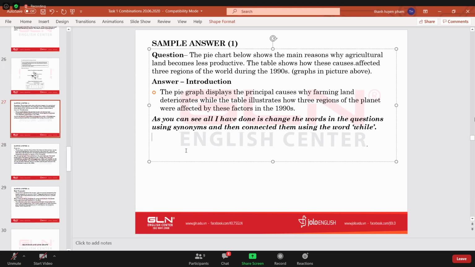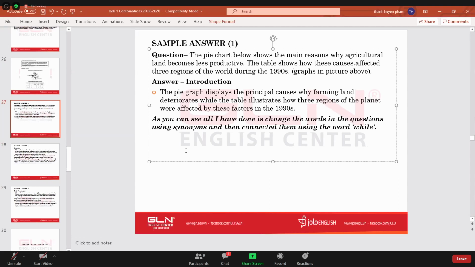And the table illustrates, so instead of the table shows, we've changed it to the table illustrates. And in the question, we have how these causes affected. And we have now how 3 regions of the planet were affected.